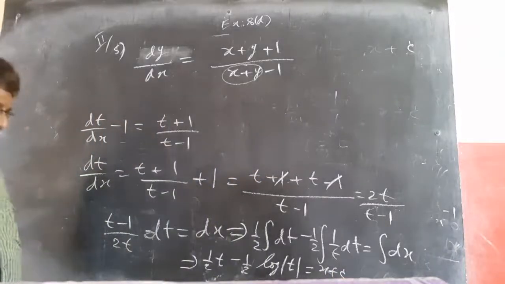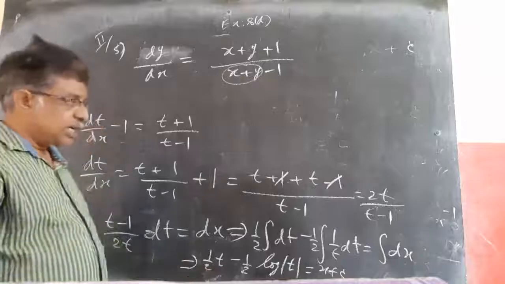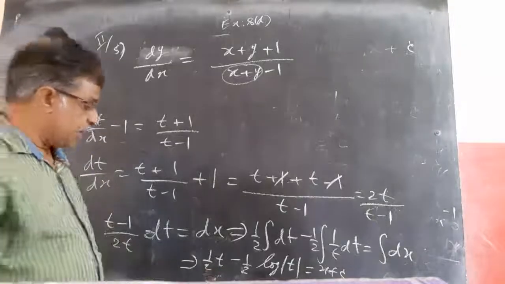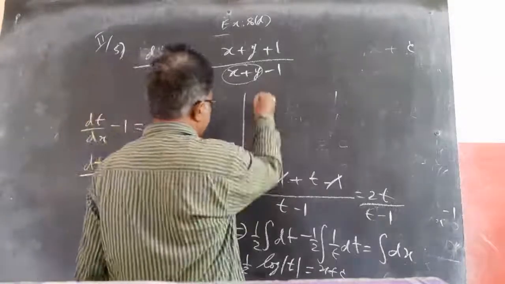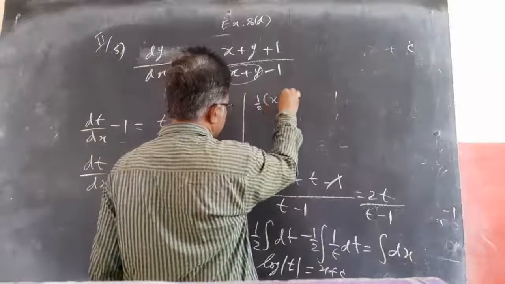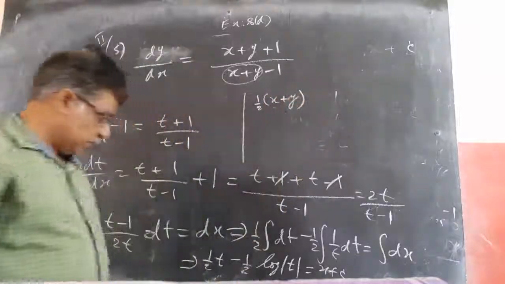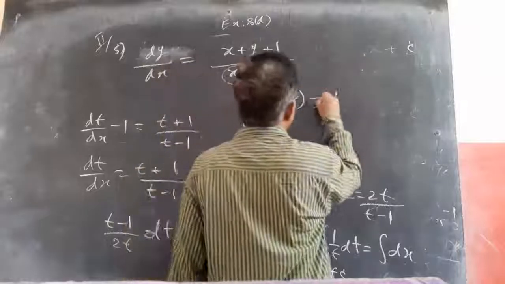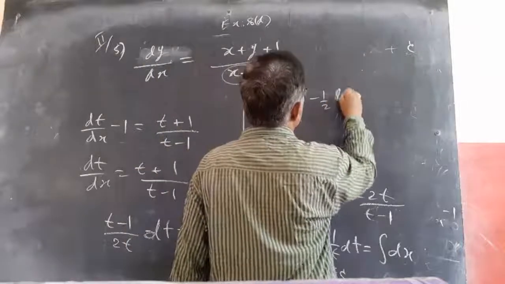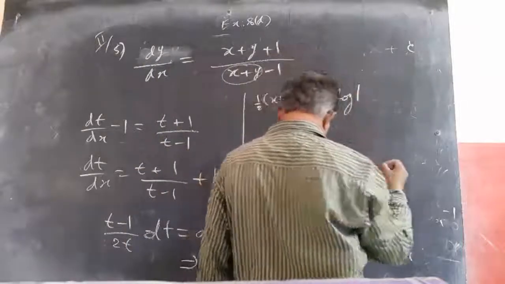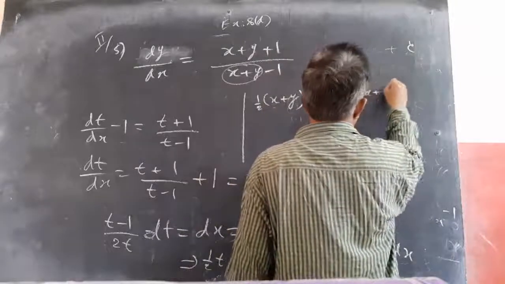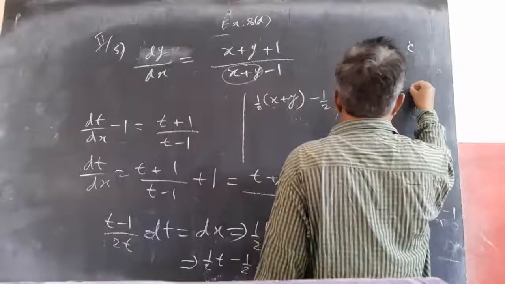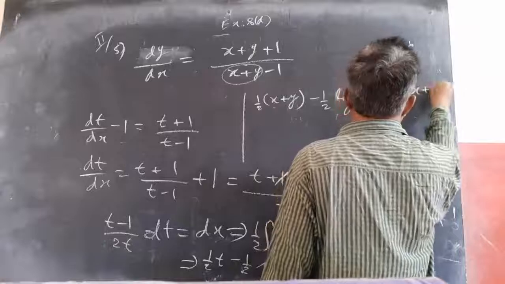Now in place of t, I can resubstitute x plus y. Now the equation becomes 1 by 2 into (x plus y) minus 1 by 2 into log mod of (x plus y) equal to x plus c.